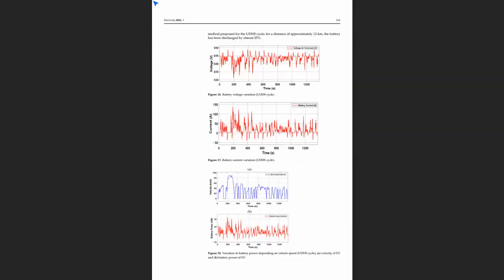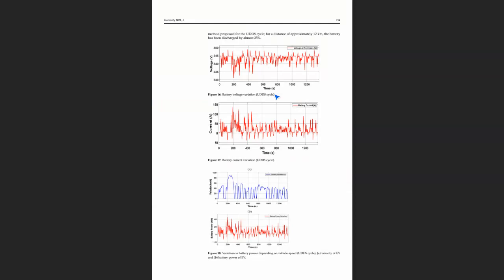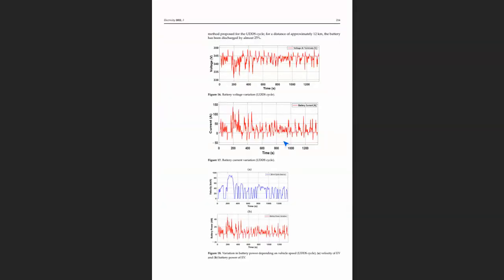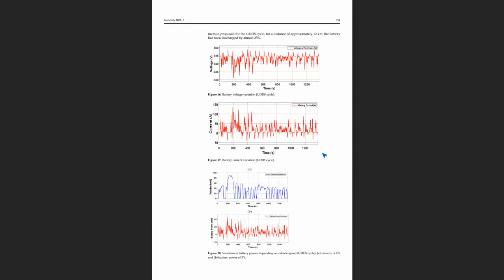Okay. And then a voltage variation. Maybe it's important, maybe not. It's your decision. But the battery current variation means that the battery and your motor currents are nearly the same. I am waiting, as a second issue, for the current variation in your midterm project.